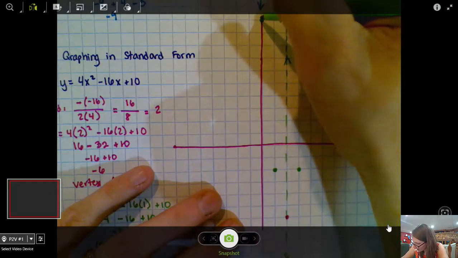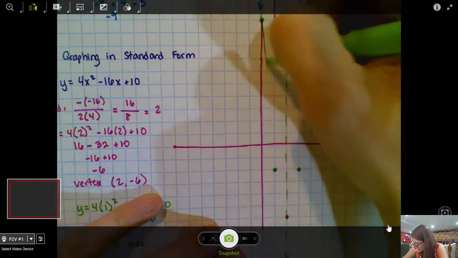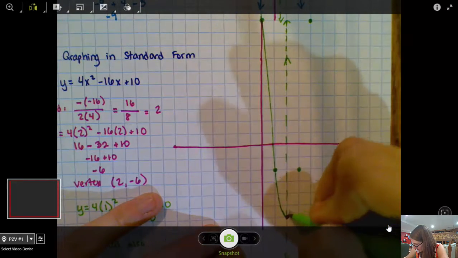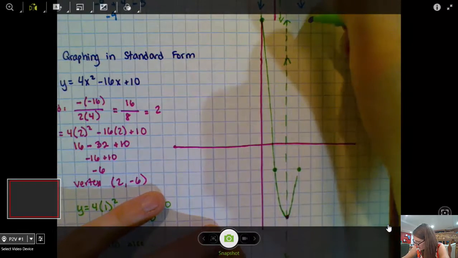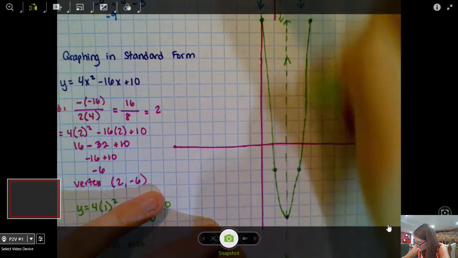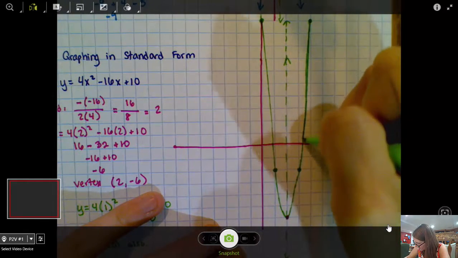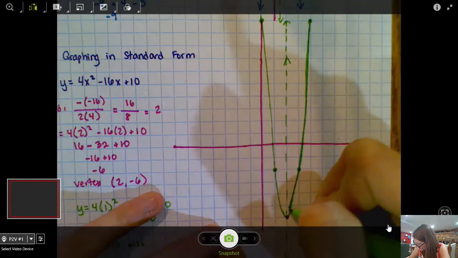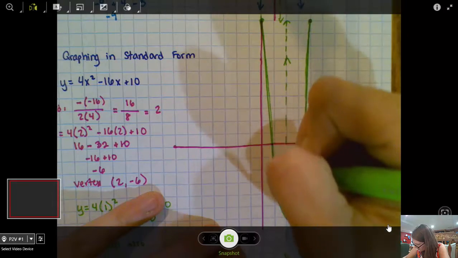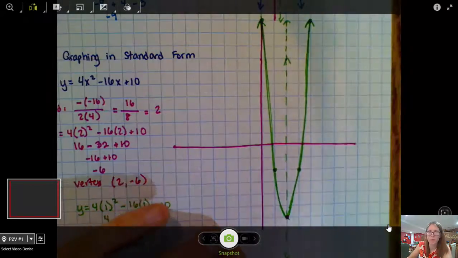Connect my dots, and sometimes your parabolas are kind of awkward to connect just because they're really, really long and skinny, like what we have here. But just do the best you can to connect. There we go.